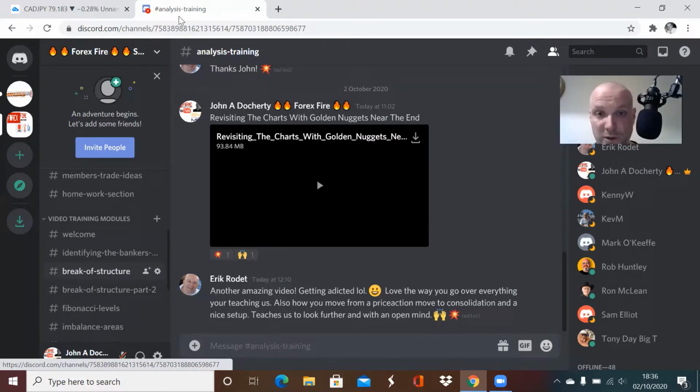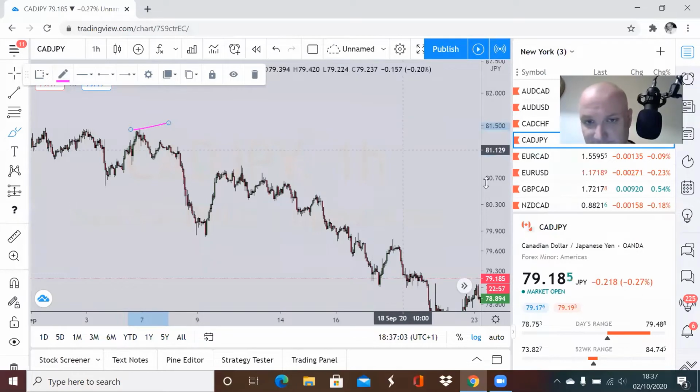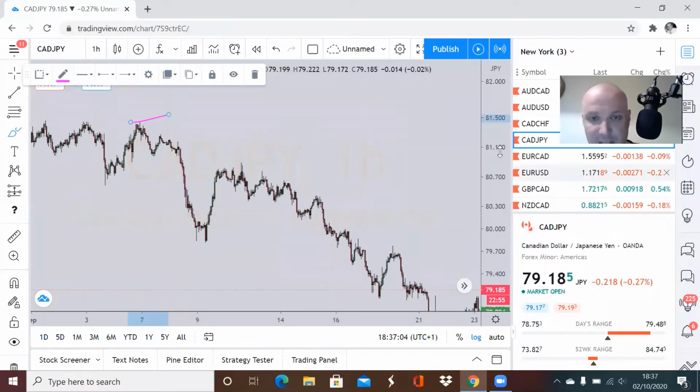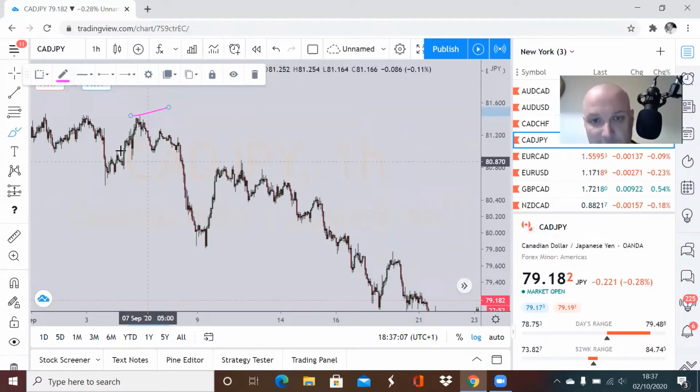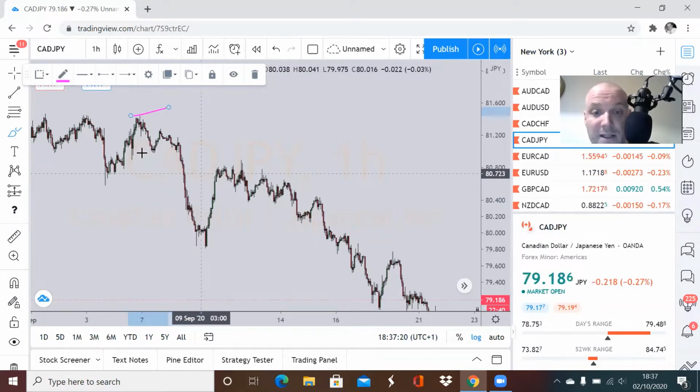So what we're going to do is head over to the charts, and I've got this set up at the moment, the CAD JPY. Now, we speak a lot about break of structure, and it's very important when it comes to understanding in the markets where you put the fib levels, where you put the zones from swing to swing. Now we have a lot of wicks on here, as you can see.